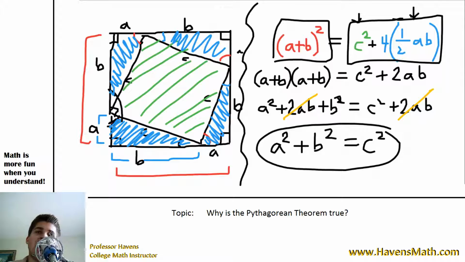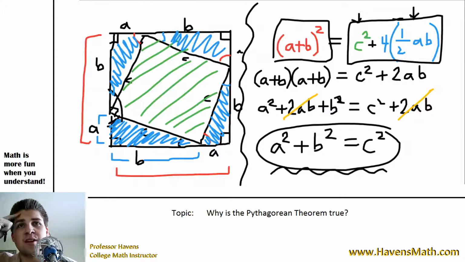And if we use a little bit of simplification on both sides, we see that at the end what we get is the Pythagorean theorem, which describes the relationship between the 3 sides of a right triangle. And again, if you want to know how to use it to solve a triangle, that's my other video on how to solve triangles using the Pythagorean theorem. But hopefully this helps you remember why it's true.